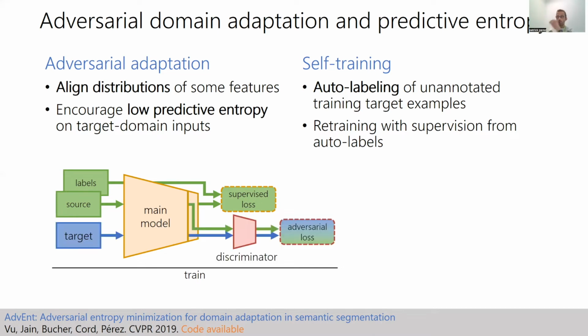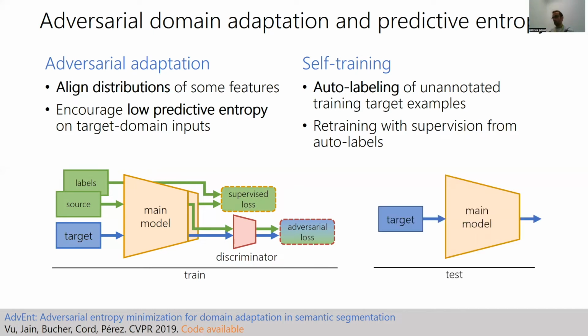You pass both target and source examples through the model, and at the feature level you can train a discriminator whose job is to determine whether the example comes from source or target. You combine the two at training time, and at runtime, obviously, you run only on target domain inputs.